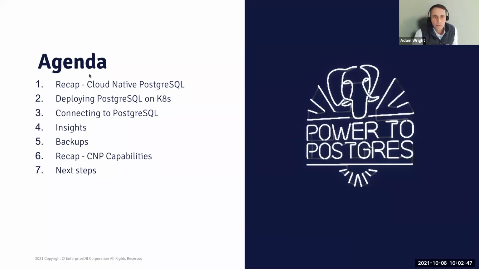On the agenda, we're going to do a quick recap, talk about Cloud Native PostgreSQL just to make sure that you have some foundation knowledge. We'll move quickly through that, and then we'll talk about deploying PostgreSQL on Kubernetes with Cloud Native Postgres, connecting to PostgreSQL, some of the different connection patterns to hook your application into PostgreSQL running on Kubernetes.